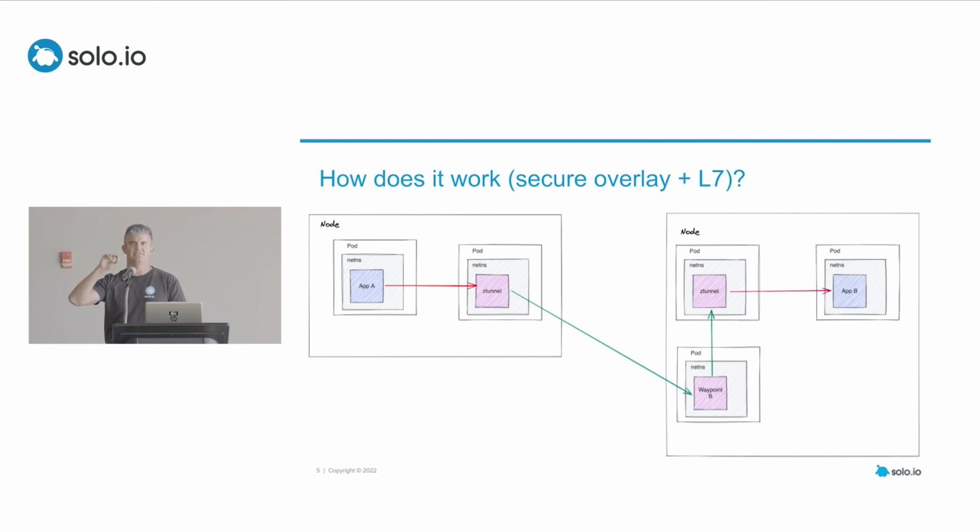Say service A is trying to talk to service B, and we need to inject faults for calls going to service B. The secure overlay components are smart enough to say, okay, you're trying to talk to service B, I'm going to send you to the service B waypoint proxy, and that will apply the layer 7 policies for service B.